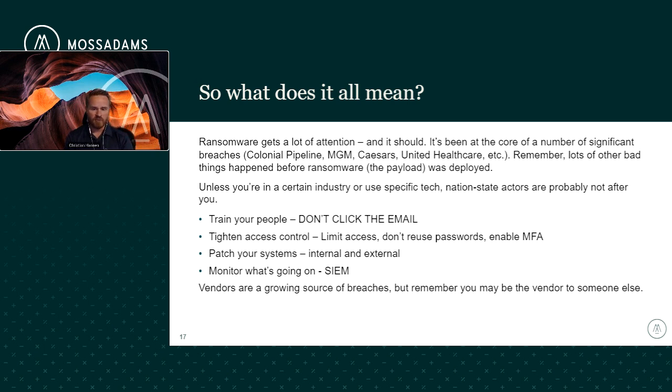Third, patch your systems, internal systems, external systems, patch them all the time. The use of technical exploits, again, there was a 180% increase in the use of that in breaches from 2022 to 2023. You don't see that trend reversing itself. Hackers have actually specifically targeted MITRE.